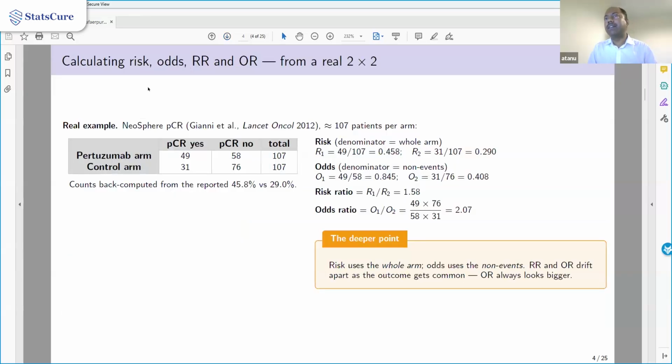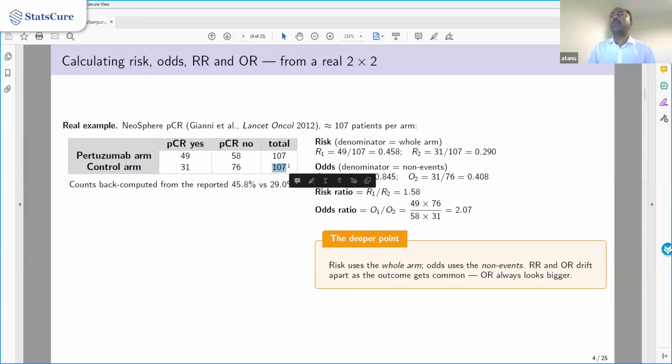So let's say we have one table here from Lancet Oncology, Gianni et al. Published, with 107 patients per arm. It was a randomized controlled trial, with a control arm and a pertuzumab arm, and an equal number of patients, 107 and 107, were treated.